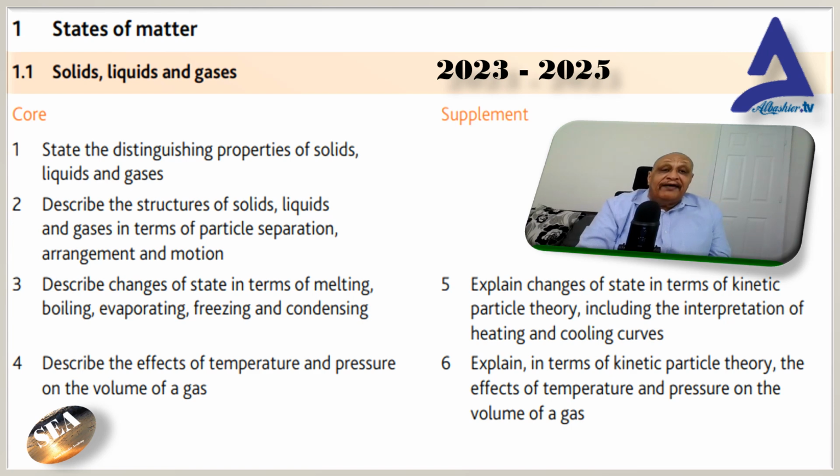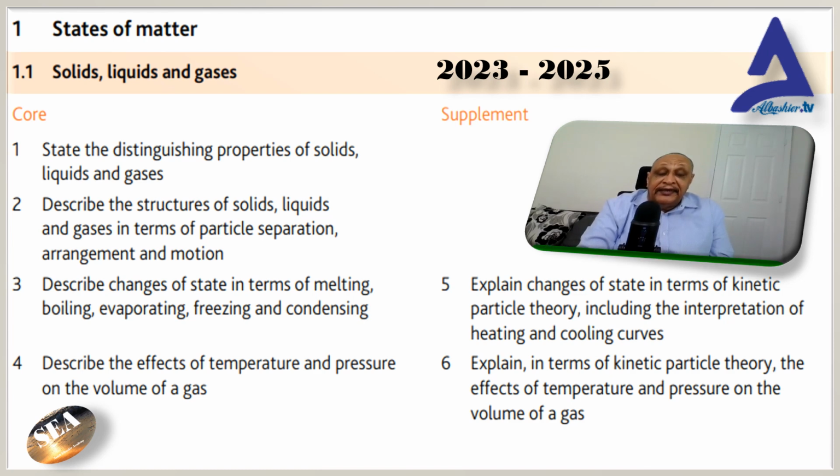Core students have 4 main topics, while extended or supplementary students will have 6 topics. The first item for both core and supplement is state the distinguishing properties of solids, liquids, and gases. Second is describe the structures of solids, liquids, and gases in terms of particle separation, arrangement, and motion.